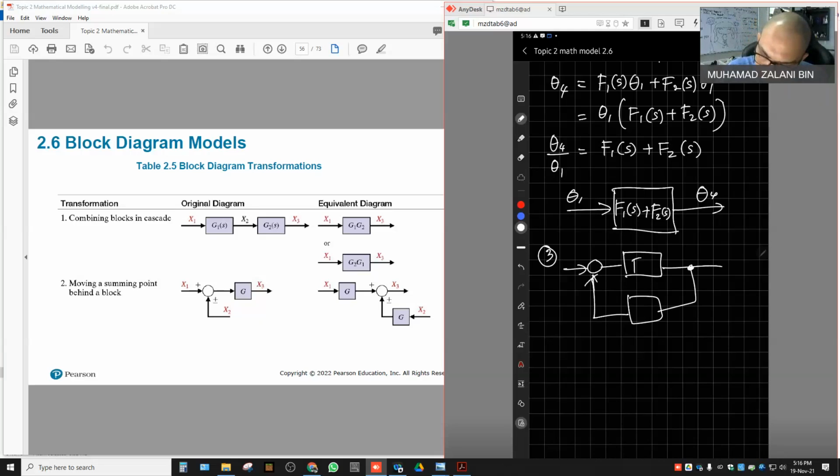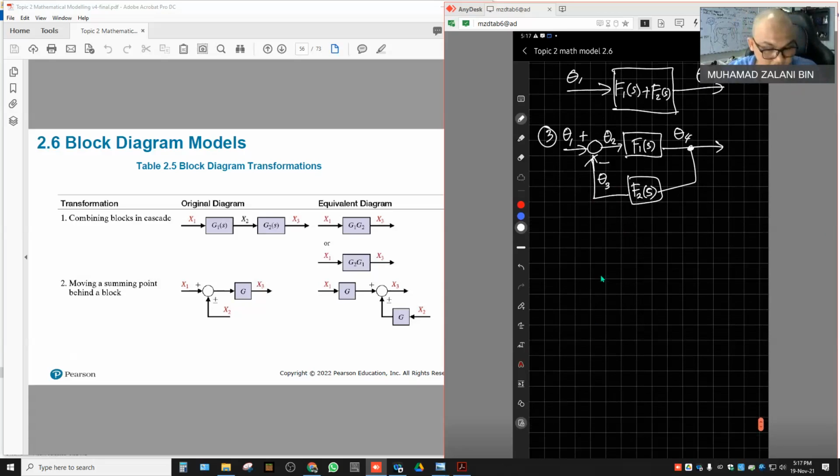So let's say this one is F1S, this is F2S. Okay. Theta 4 as the output. Theta 2 is the input to F1. So the output of F2S is theta 3 and the input is theta 1. So the summing point is plus and minus because this is a negative feedback system, right?